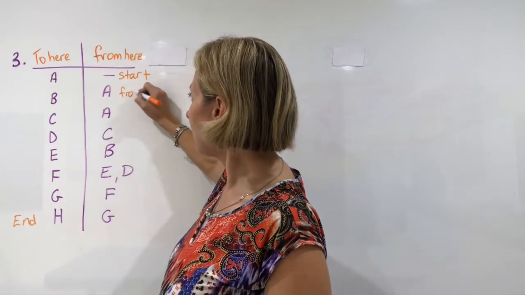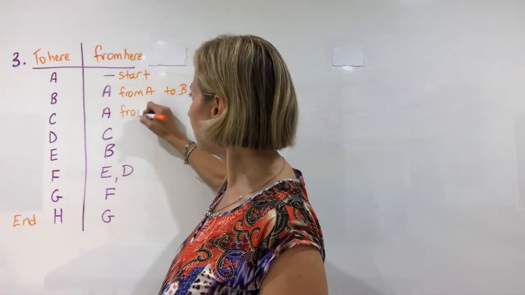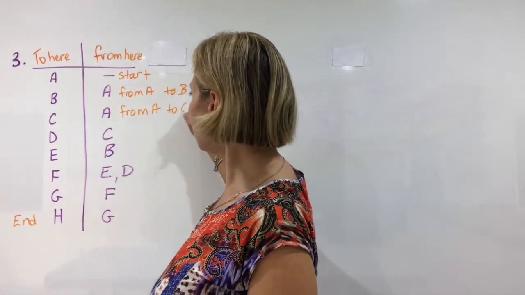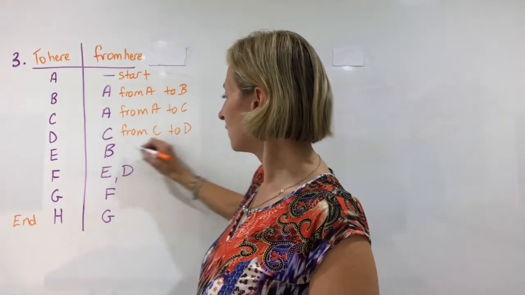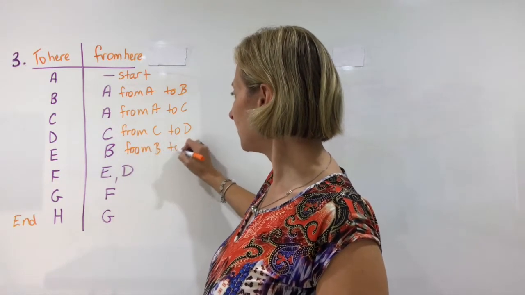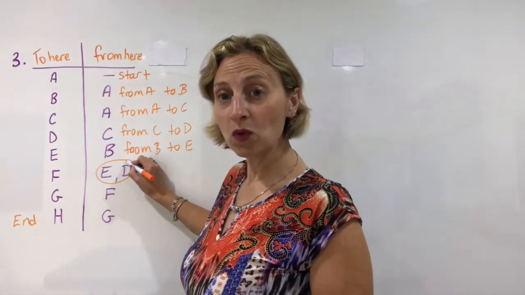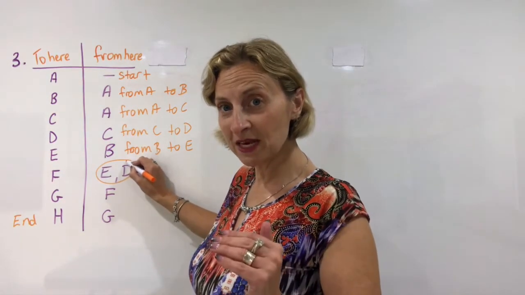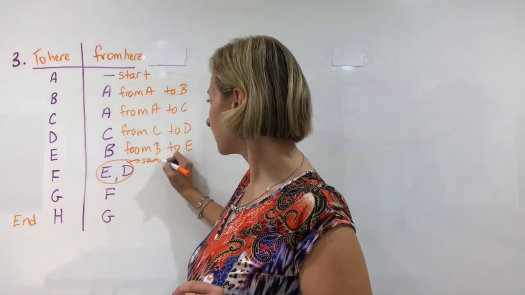We go from A to B, from A to C, from C to D, from B to E. Remember, this is the same point. So we know, if we plan a little bit ahead, that E and D have to be the same point.